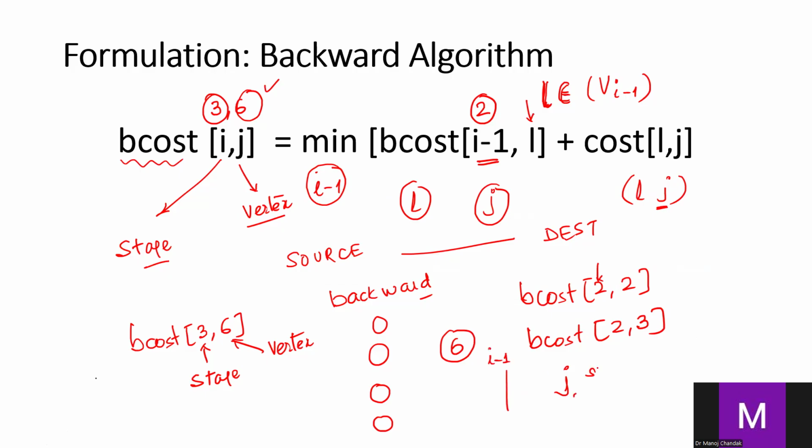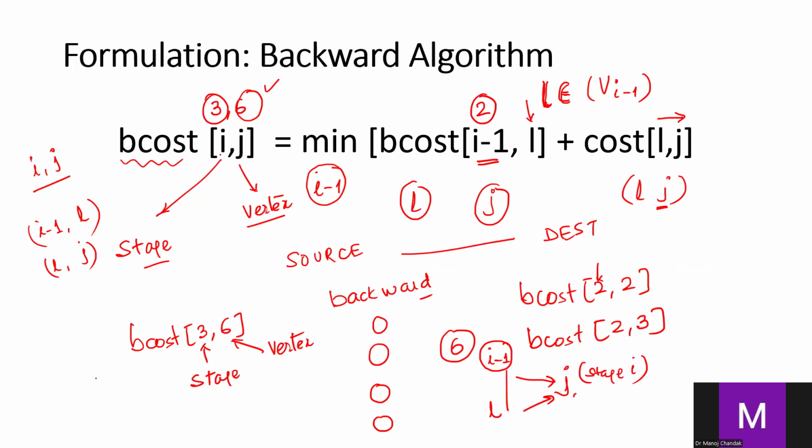J is present at stage I. So find out the vertices present at stage I minus 1 which have connectivity to J. The vertices which have a connection to J will be called L, and once we are able to find L, then we will use the cost to travel from L to J. So this is a very simple idea wherein we are reaching a vertex of stage I from the vertices of stage I minus 1 using the cost to travel.